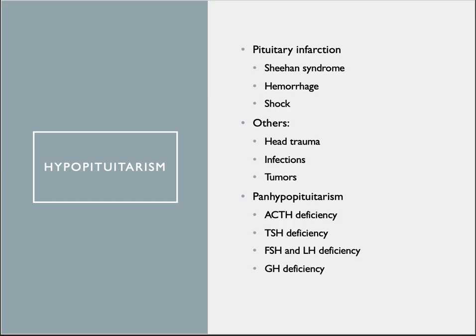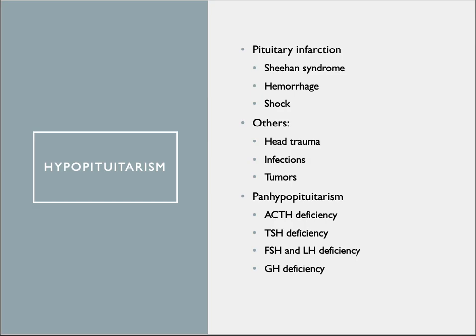Now, sometimes the pituitary gland just has an over or under secretion of one hormone, but in panhypopituitarism, it has a deficiency of all of the anterior pituitary hormones, okay? So it's not going to secrete growth hormone or ACTH or TSH or your gonadotropins. It's not going to produce any of them, which means that all of those glands that they stimulate are not going to produce their hormones either.